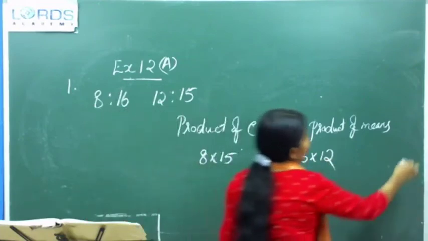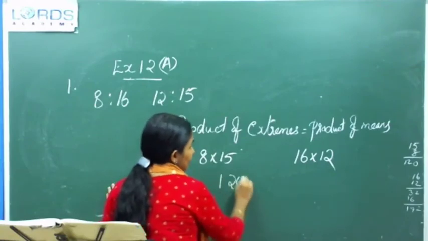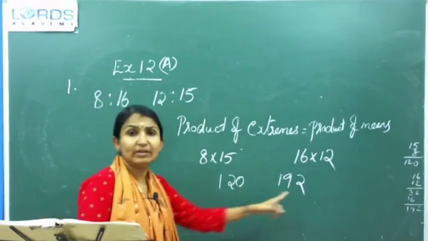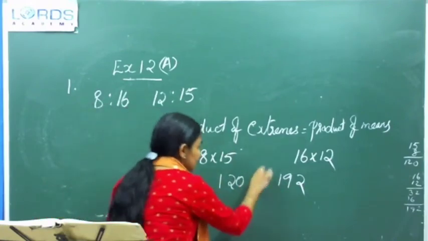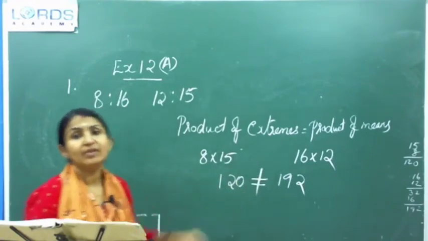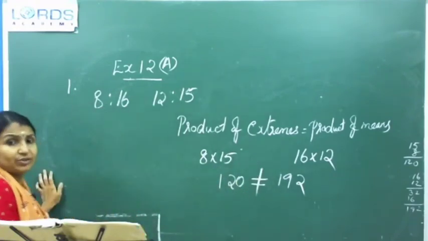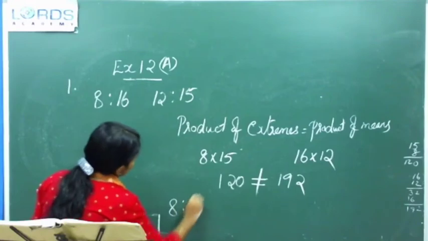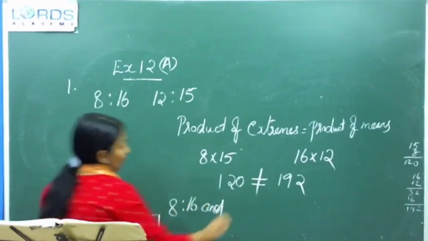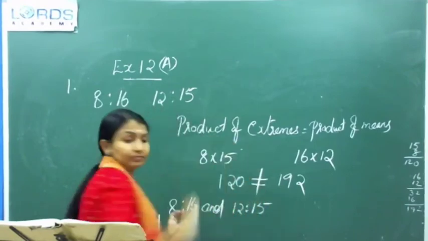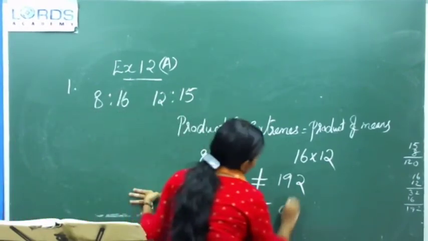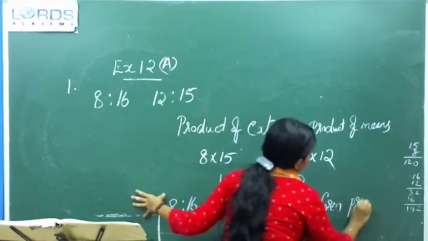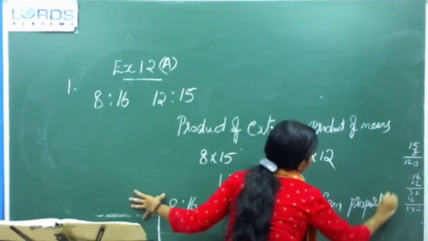8 and 15, we got 120, and the other number is 192. Are they the same? No, they are not the same. So if they are not the same, we can say that these two ratios, 8:16 and 12:15, do not form a proportion.